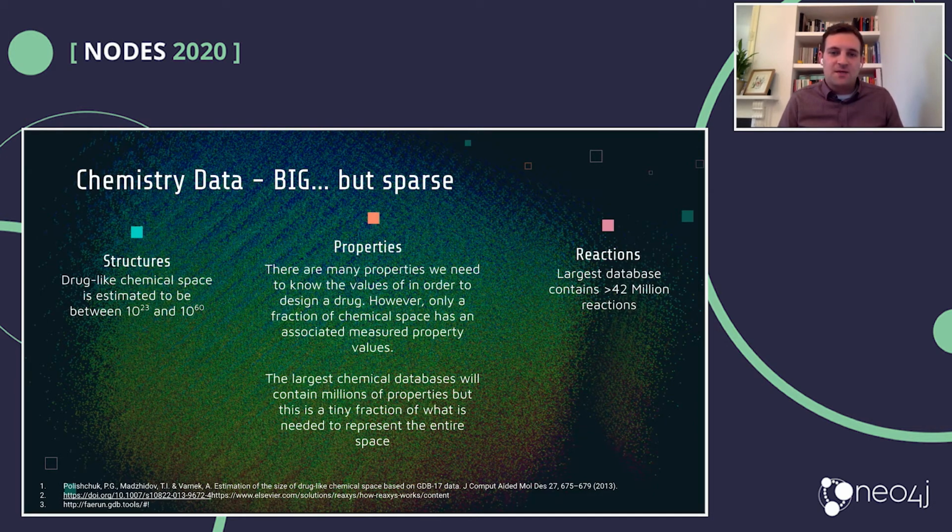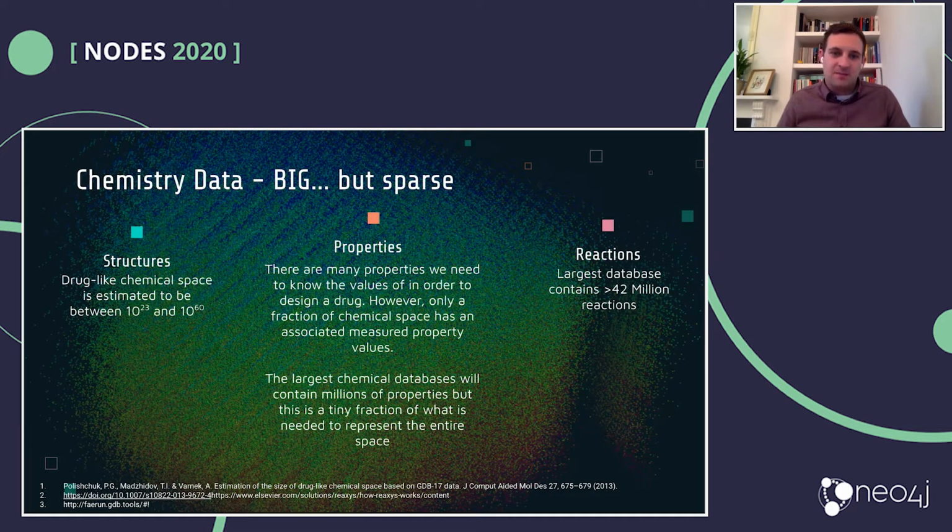But there are so many properties we can measure, really hundreds of properties, that the data that is stored is not complete. It's also expensive to measure these properties. So when pharmaceutical companies are producing drugs, they only produce the data needed to make the next decision. This means we have a very sparse data set.